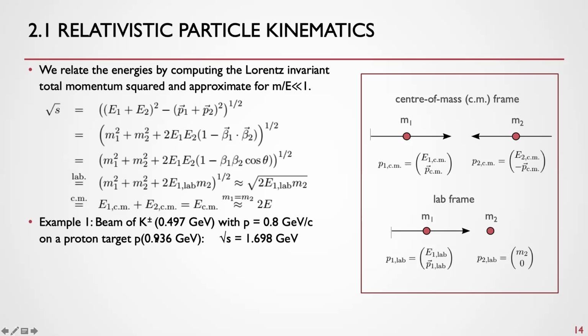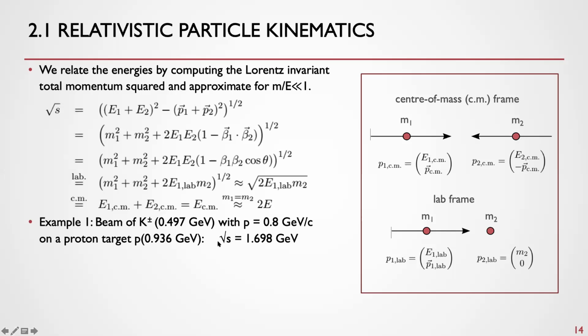At the proton target with a rest mass of 1 GeV, we very roughly get 1.7 GeV, which means, because these are not ultra-relativistic particles, the beta and the gamma factors aren't extremely high. There's rather little loss.